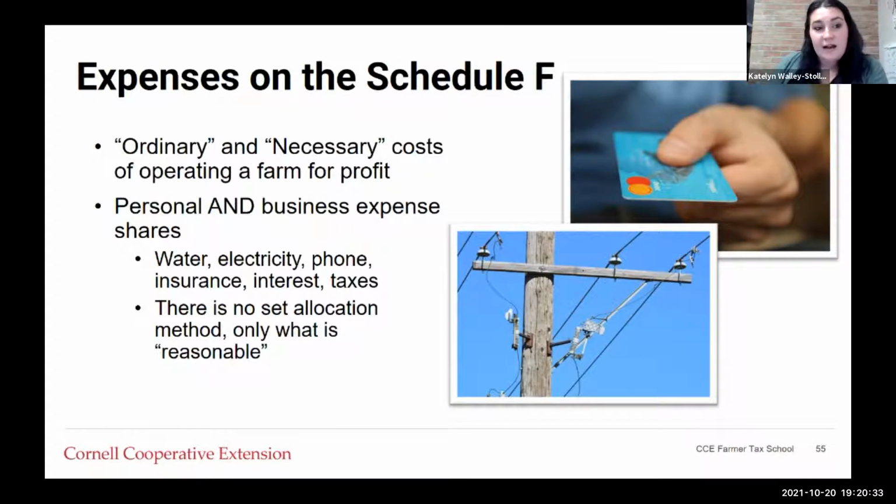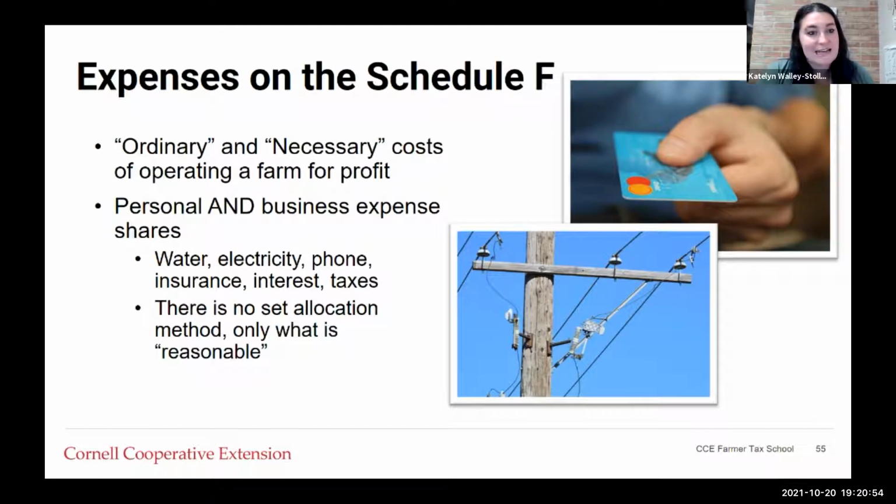So the IRS is not providing any outright structure that says, okay, let's say you, for example, use your electricity for both your personal home and for your farm. There's nothing from the IRS that says 50% of it can get charged for your farm business use.